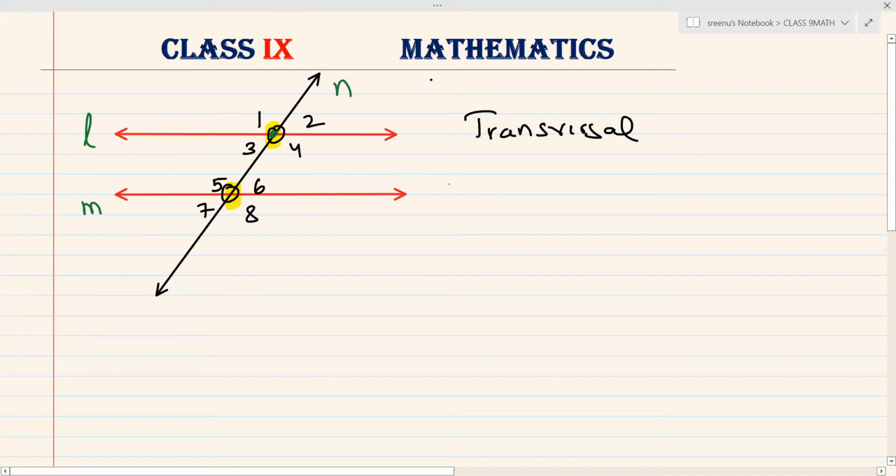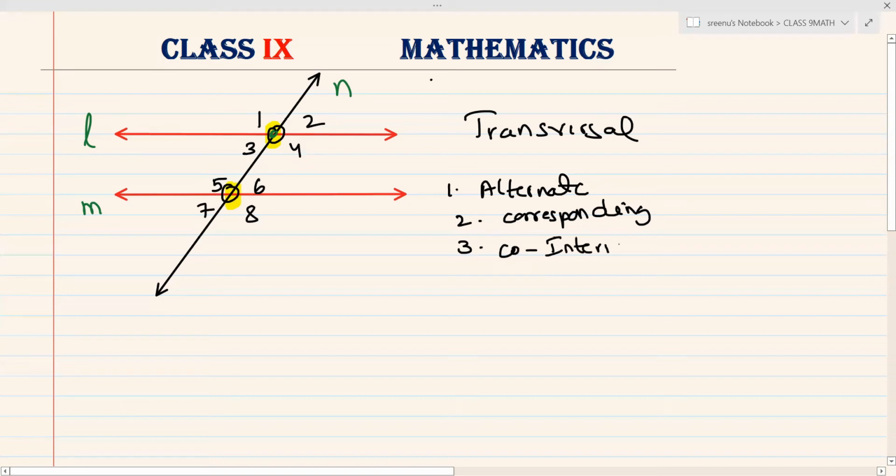The first we will take is alternate angles, the second corresponding angles, and the third co-interior and co-exterior. So what are these all?